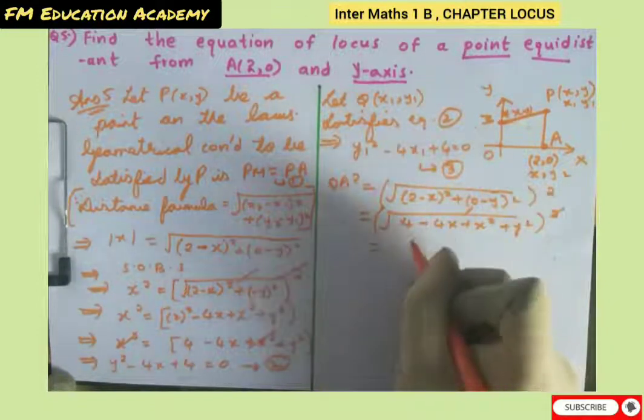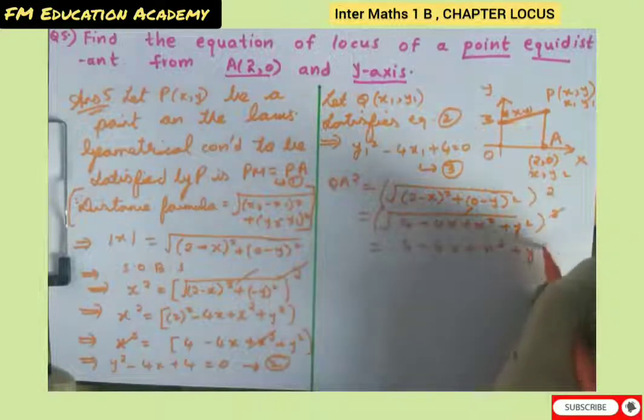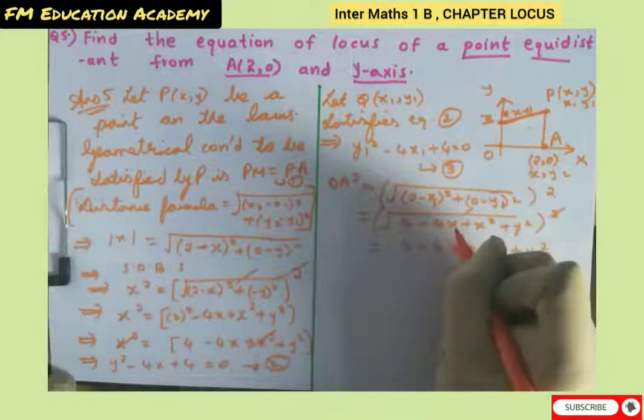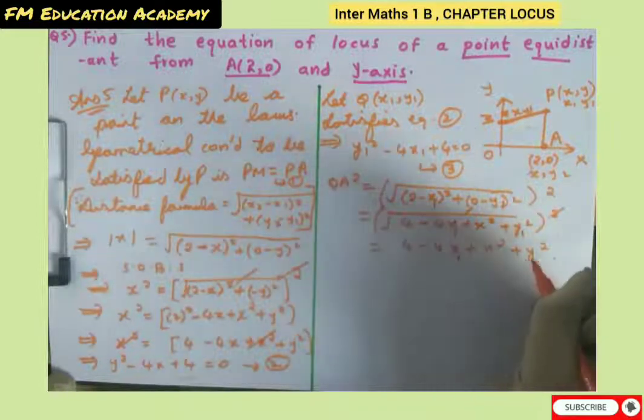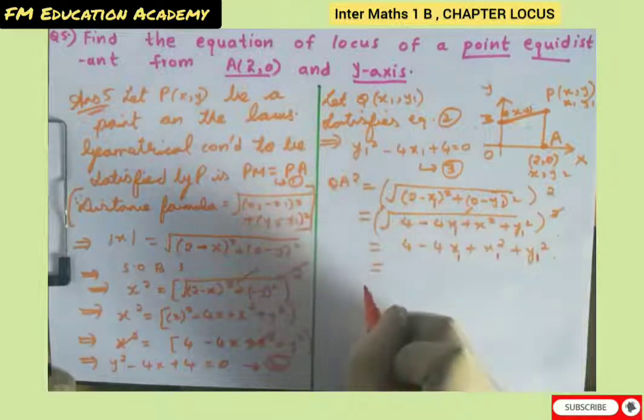So we are left with 4 minus 4x plus x square plus y square, with x1 y1 since it is equation 3 and it is Q coordinate. So we have to make it equal to QA square.